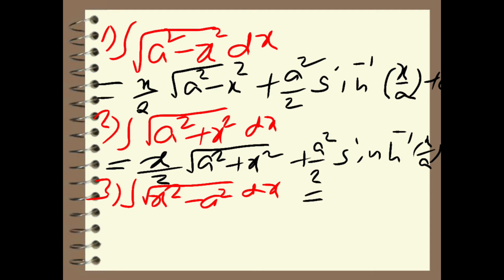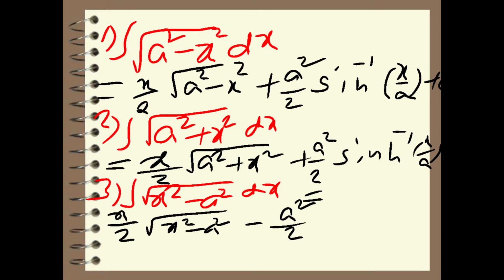This is equal to x by 2 root x square minus a square, minus a square by 2 cosh inverse x by a plus c.